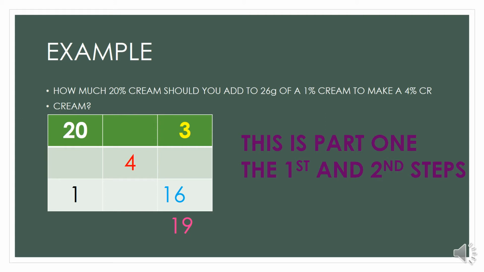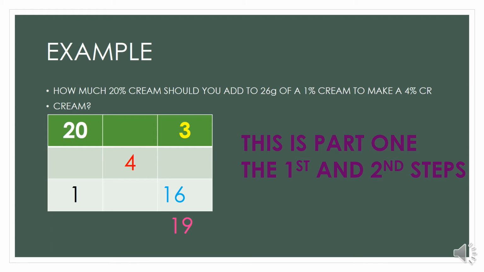This is part one, the first and second steps together. So I looked at my problem and I see that I needed 4%. That's what I'm trying to make. So that is my desired, and it goes in the middle of the grid. So after I decide that 4 is my desired, then I find my high number percent and my low number percent.